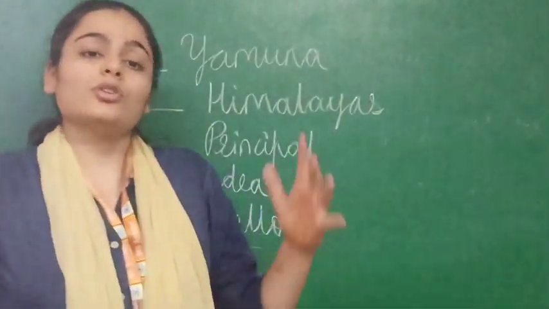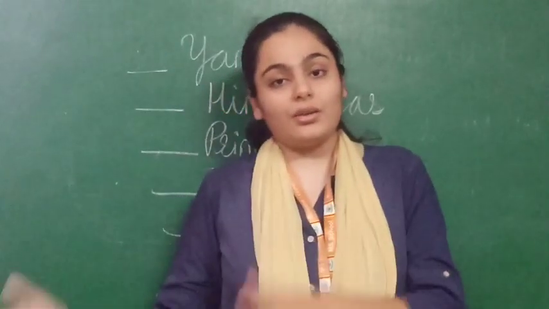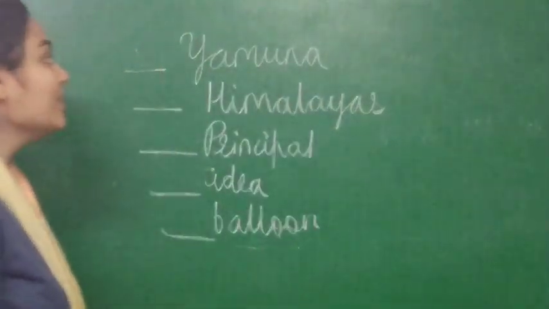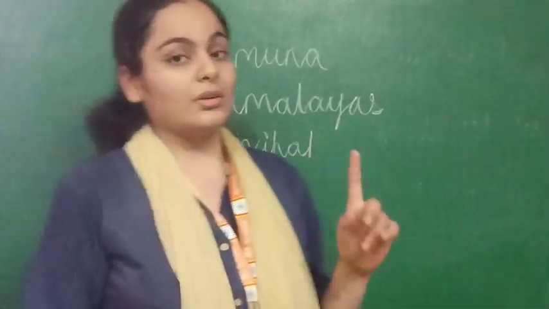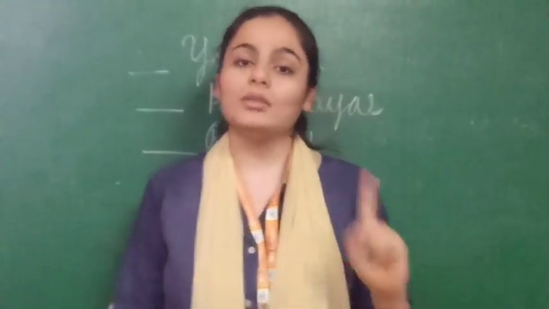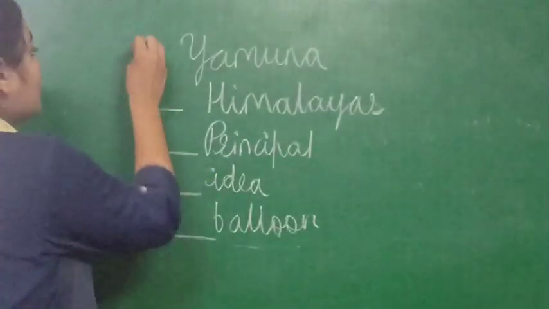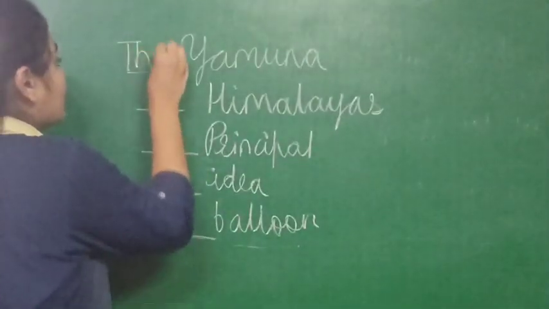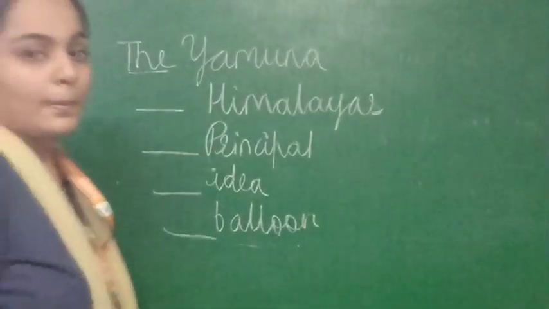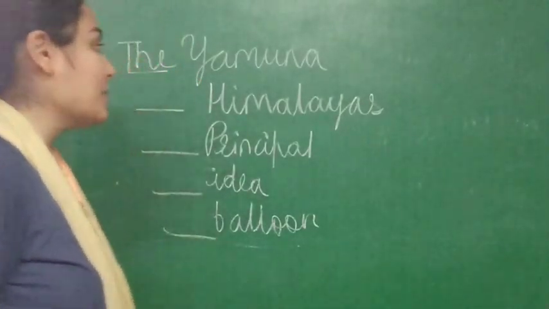Okay kids, here we will learn some examples regarding indefinite and definite articles. How do we know which article is indefinite and which is definite? Yamuna is a river, and it is only one in the whole world, so we use the Yamuna. Next is Himalayas.